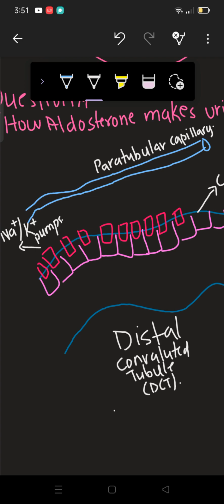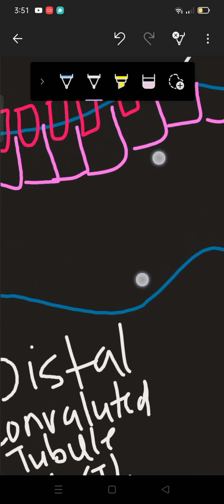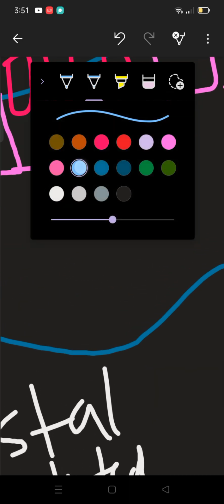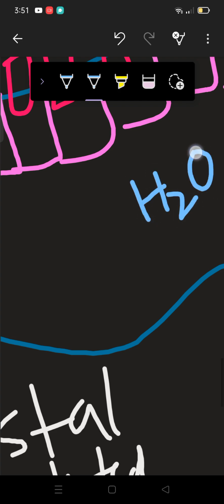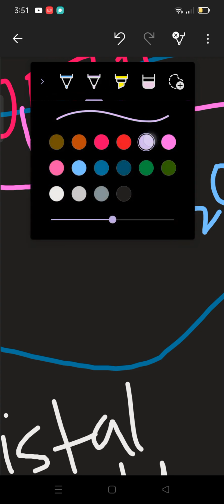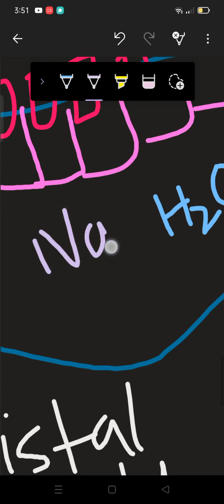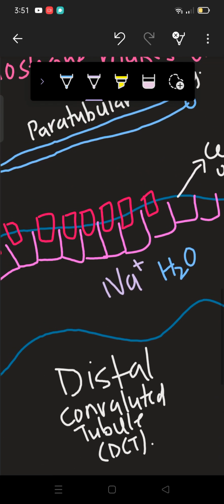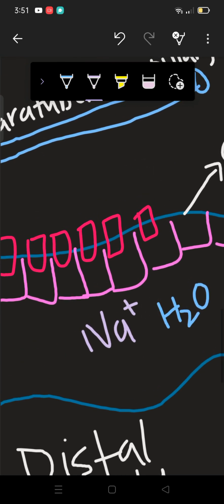Alright, aldosterone has the power to increase the sodium potassium pumps in the cells of the DCT. So when these sodium potassium pumps are increased in the DCT, then here we do have sodium ions. Alright, we know that these pumps will utilize 1 ATP, and 3 ions of sodium will be going to the paratubular capillaries, and from the paratubular capillary 2 potassium ions would be secreted to the DCT.